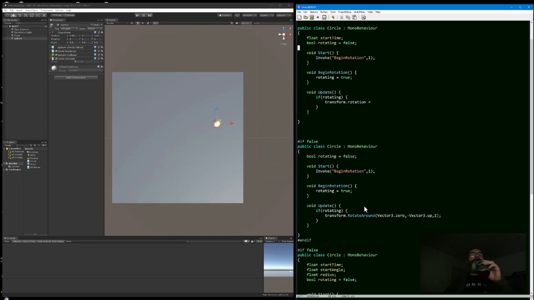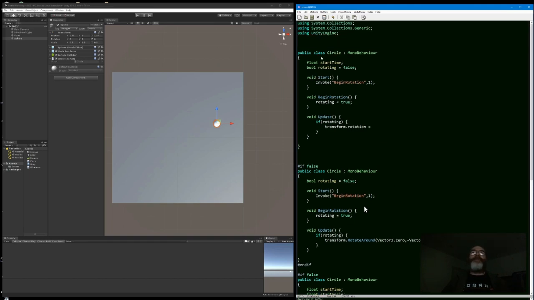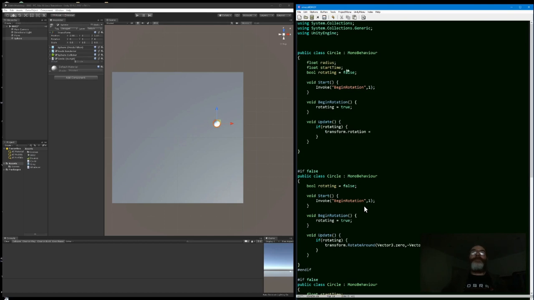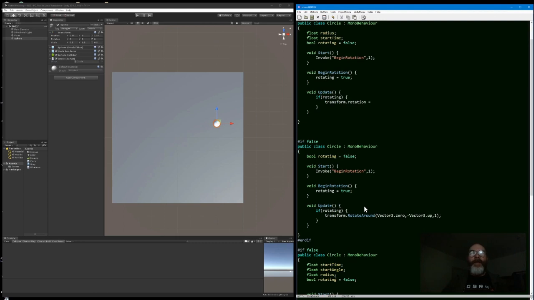Actually, I do need a radius, because I want to do a rotation relative to a certain point. I can't use the trick of the rotate around. So what I'm going to have to do, I think, is also hold the radius. So I'm going to need that. And then, will I need the length?